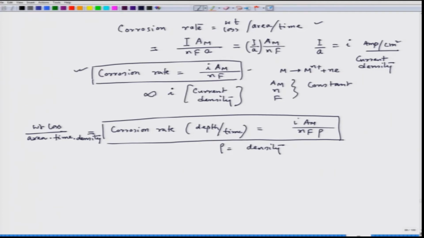Now, we have a very good idea that corrosion rate is electrochemical in nature, and by using laws of electrochemistry we can relate the current flow in the form of current density with the corrosion rate. Before we get to the details of this current density part, we have to get to the exchange current density, which is I 0.